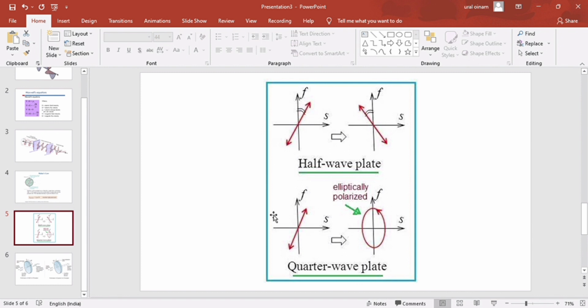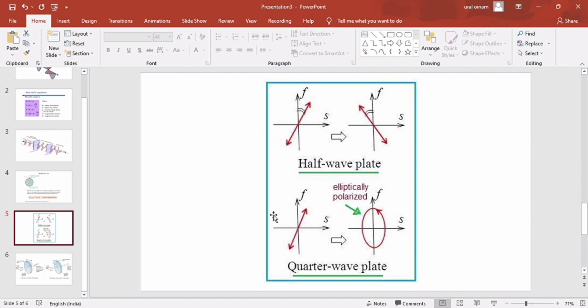The direction of rotation of the resulting circularly polarized light, either right circularly polarized or left circularly polarized, depends on the orientation of the quarter wave plate. And quarter wave plates are often used to convert linearly polarized light into circularly polarized light or vice versa.